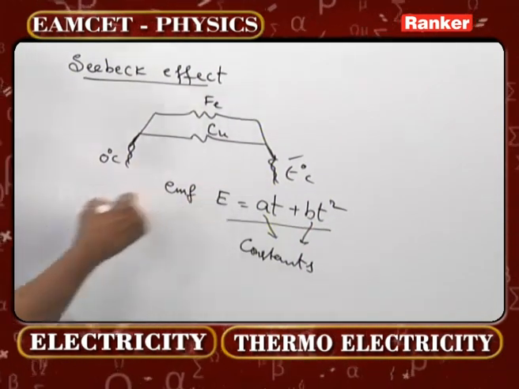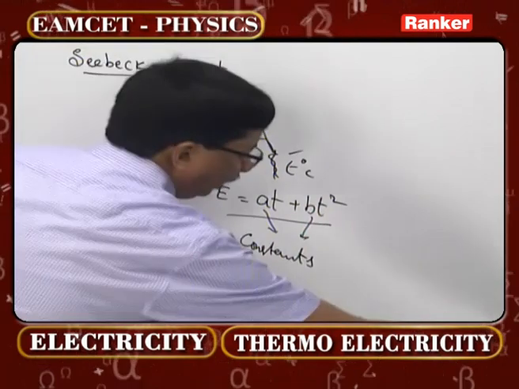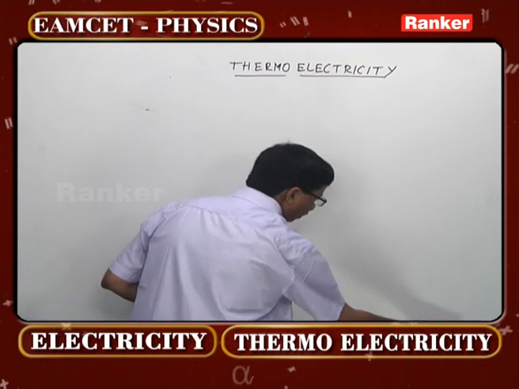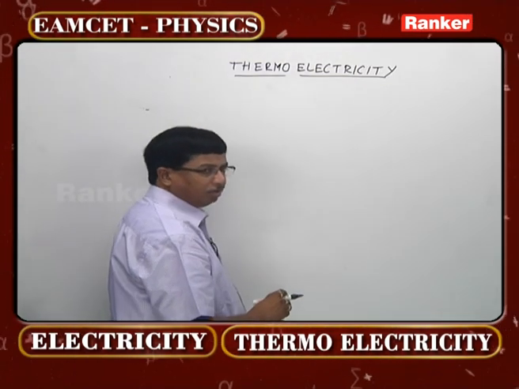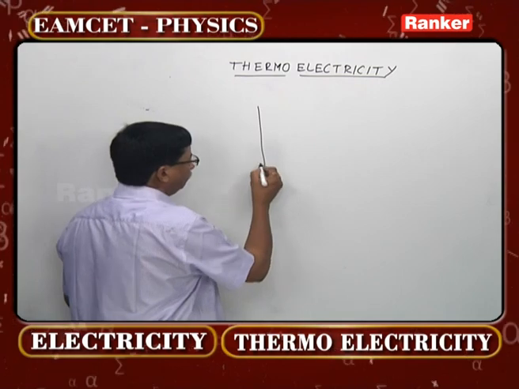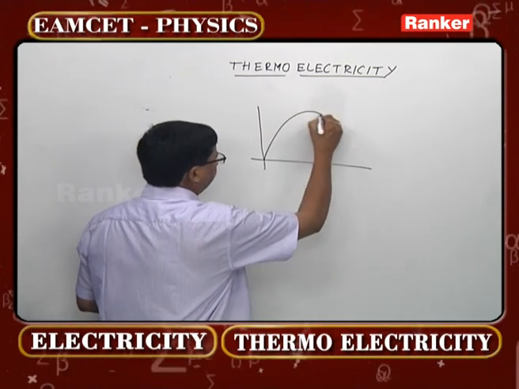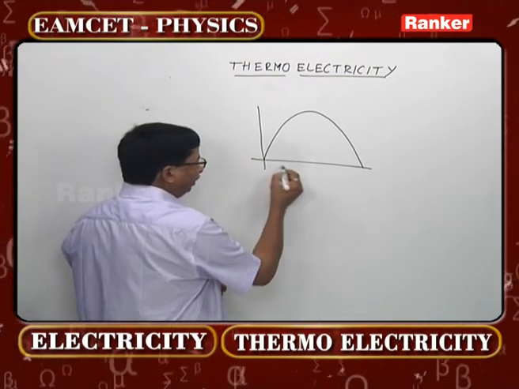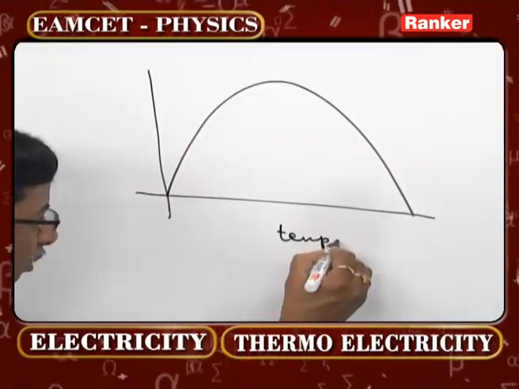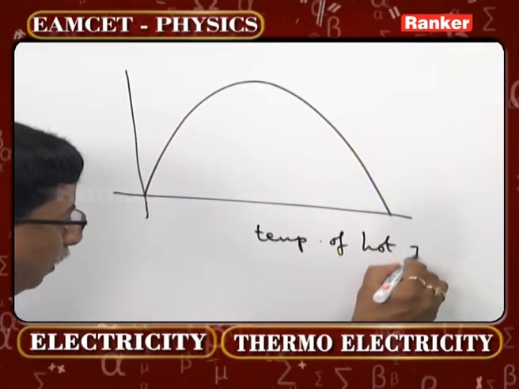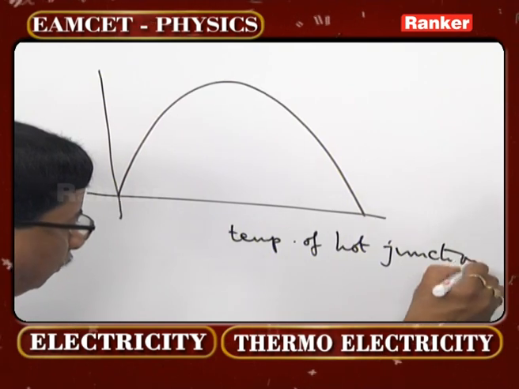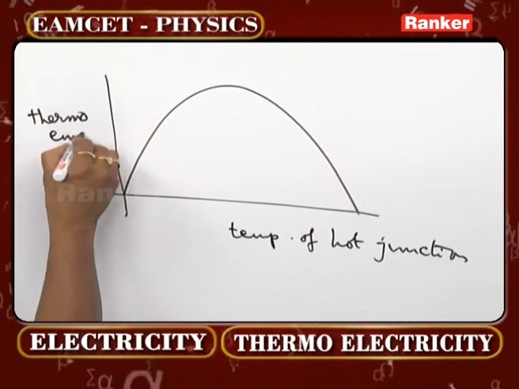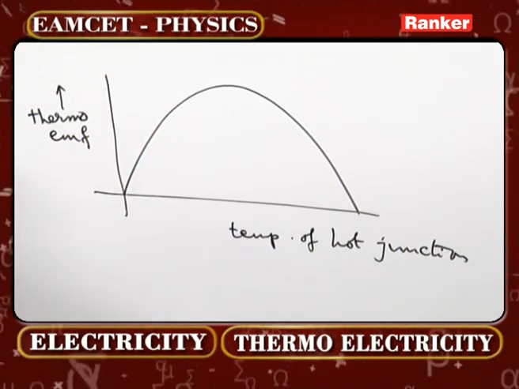For this particular equation, when we plot a graph taking the temperature of the hot junction on the x-axis and the thermo EMF generated along the y-axis, you are all familiar with what kind of graph we obtain. A parabola type of graph we get. This is the temperature of the hot junction on the x-axis, and this is the thermo EMF generated across the thermocouple.